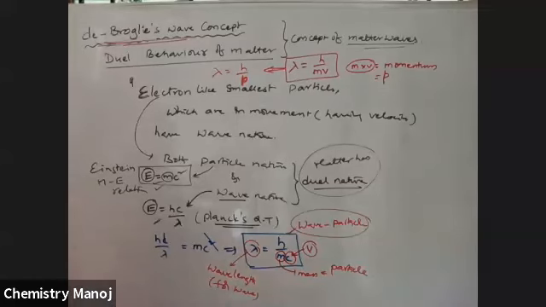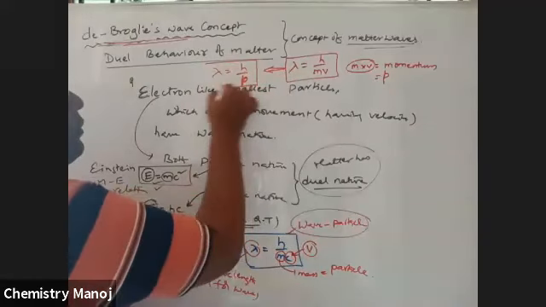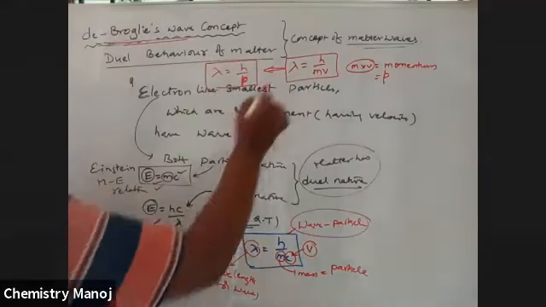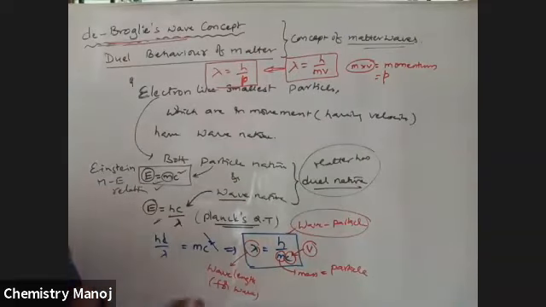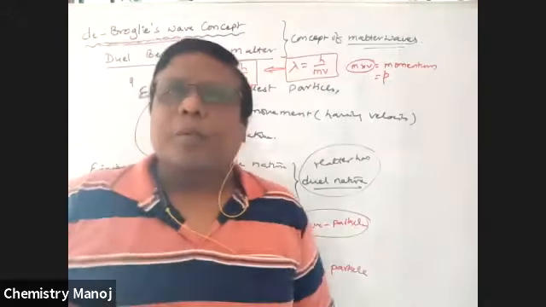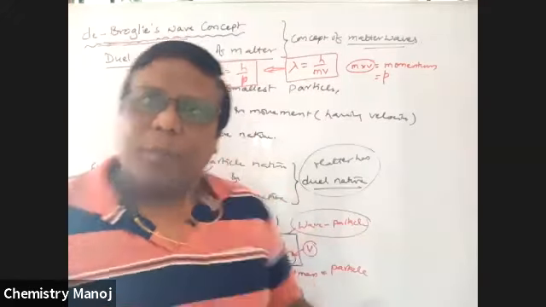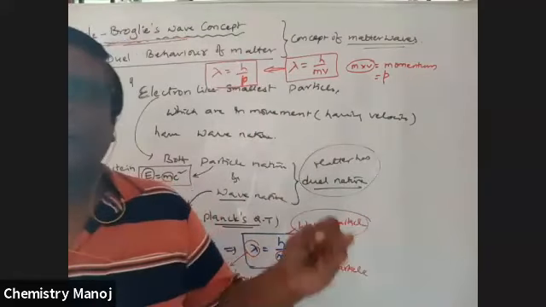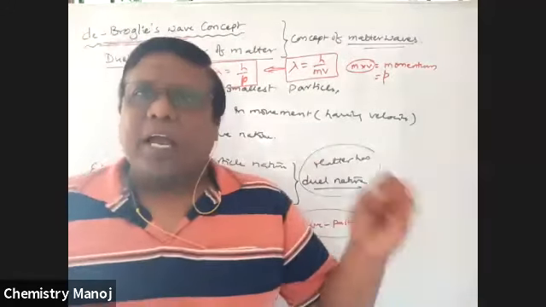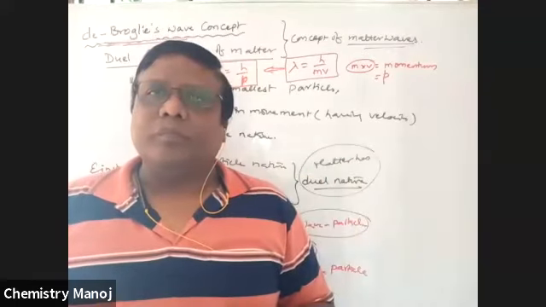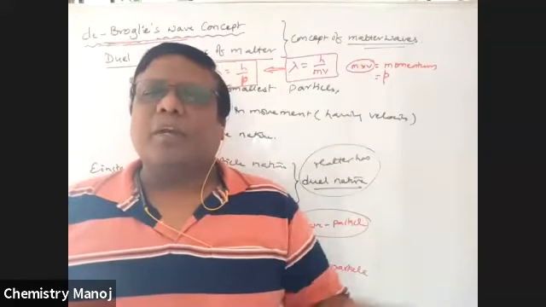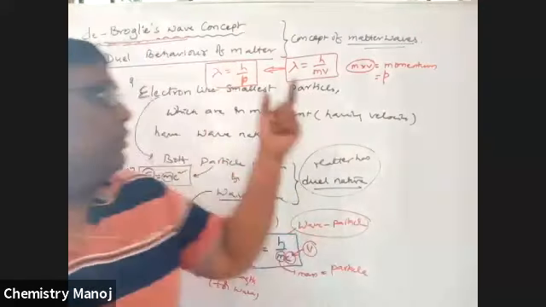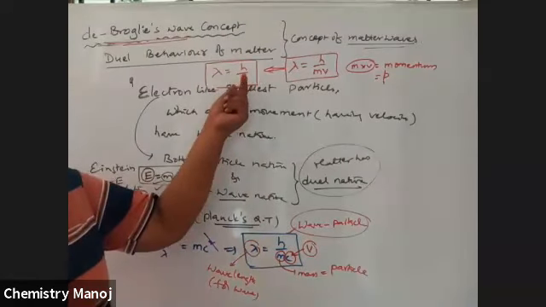This is the wavelength with respect to momentum, and the earlier one is wavelength with respect to velocity and mass. Momentum is the property of a particle having certain mass which is in movement. That means the particle which is in movement has momentum, because mass is multiplied with velocity.